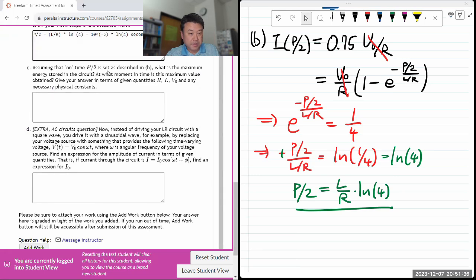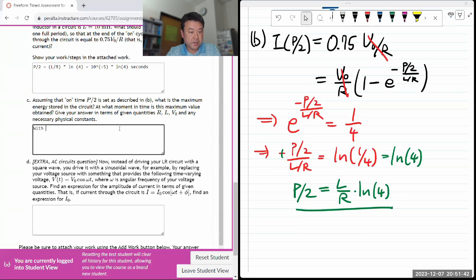Okay, let's keep going. Assuming that, to describe the maximum energy stored in the circuit: at 75% of V naught over R as current through the circuit, the energy stored in the inductor, U_L, is equal to 1/2 L i squared.